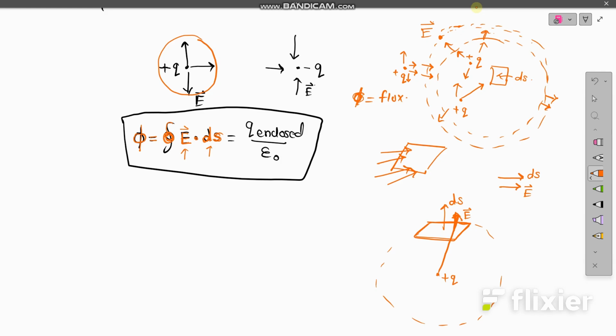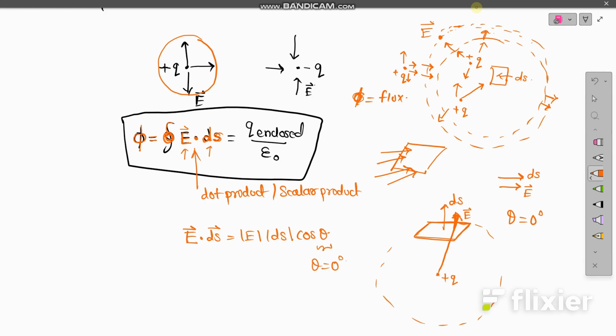So when two vectors are parallel to each other and we take a dot product, which is the scalar product, for example E dot ds, you write it as the magnitude of E times the magnitude of ds times cos theta. Now you may observe that the angle between these two vectors is 0 degrees. So cos 0 degrees is equal to 1, and we get the magnitude E ds.